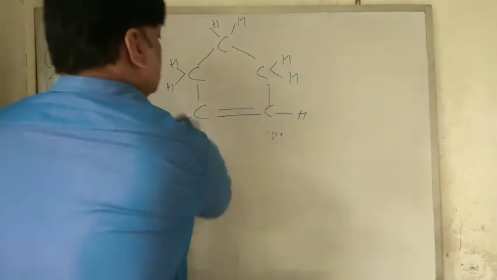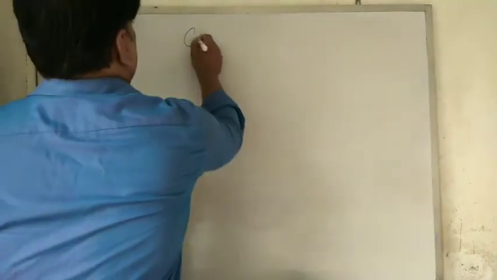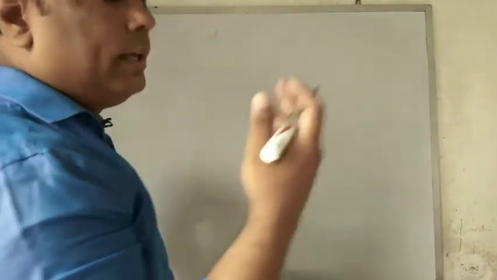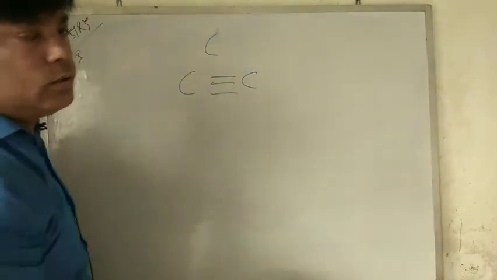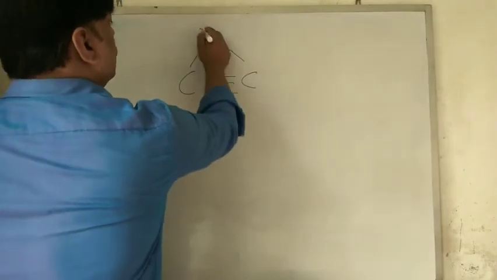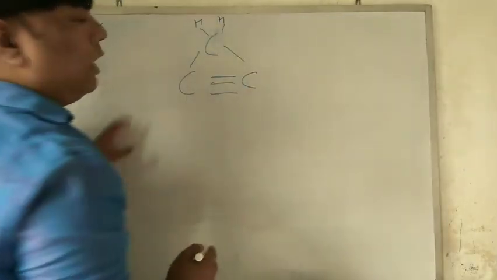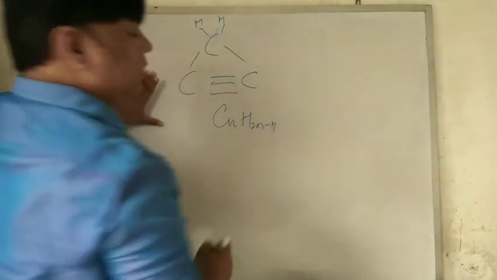Now, let us understand cycloalkynes. In case of cycloalkynes, there is a triple bond between any two carbons. For example, carbon, carbon, carbon, with a triple bond between any two carbons. And what I said, the formula should be CnH2n minus 4.